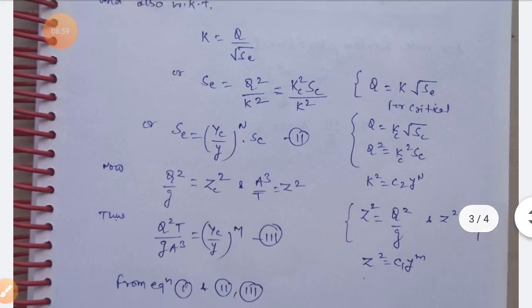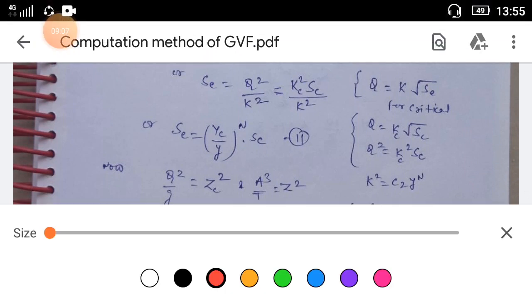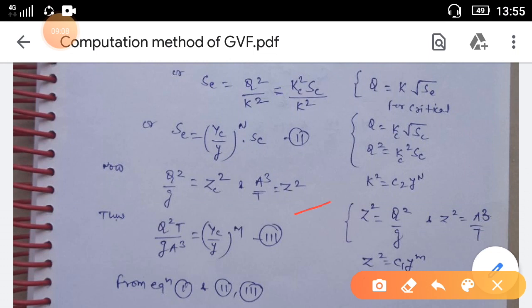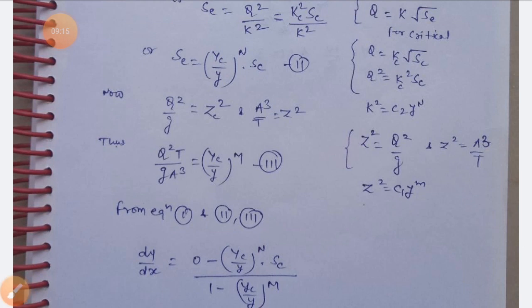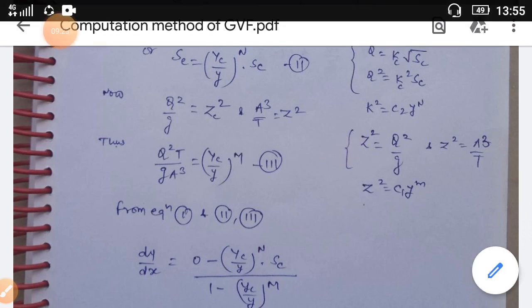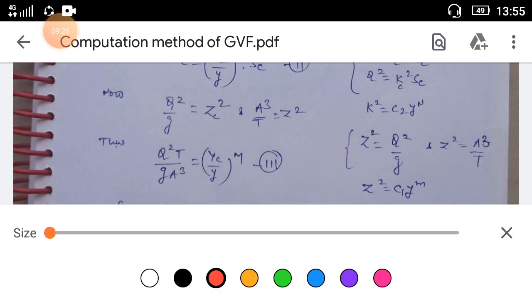Now Q square by g is equal to Zc square and A cube by T is equal to Z square. This we have already known previously. Already mentioned here, Zc square is equal to Q square by g and Z square is equal to A cube by T, and Z square is equal to C1 y to the power m from the second exponent.